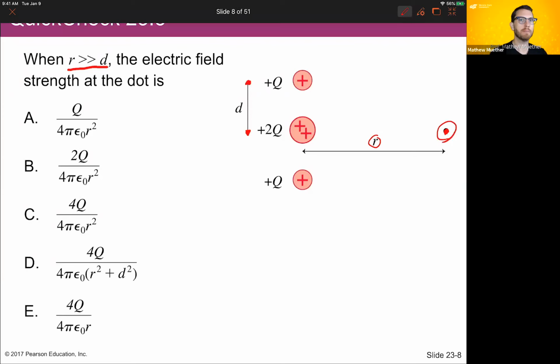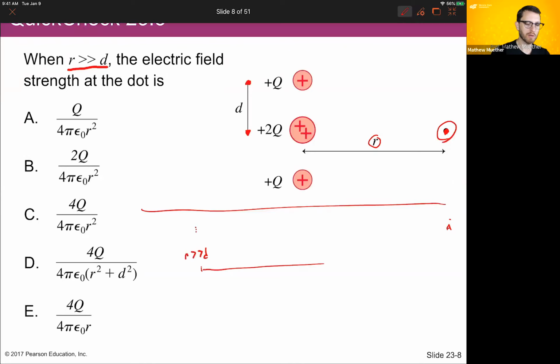So let's see here. If I want to imagine these charges, the d is much smaller than r. Let's try to draw this a bit more to scale. That means that these three particles are very close together compared to some position over here, maybe position A. And if I were to exaggerate this, the larger I make r compared to d, those three particles look closer and closer together.